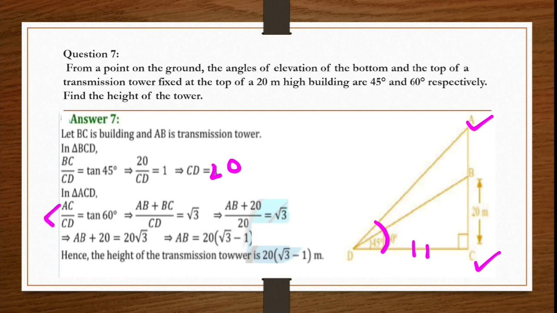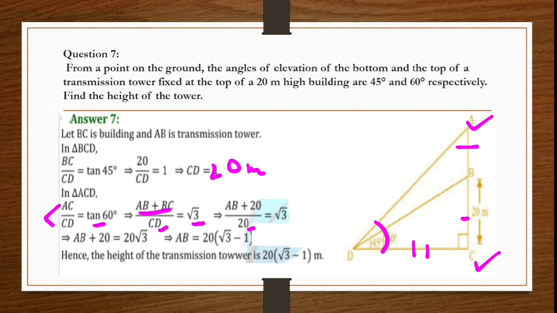And AC can be written as AB plus BC. So in place of AC, (AB plus BC) by CD is equal to tan 60 degree, which is equal to root 3. Put the value of BC, which is 20, and the value of CD, which is also 20.